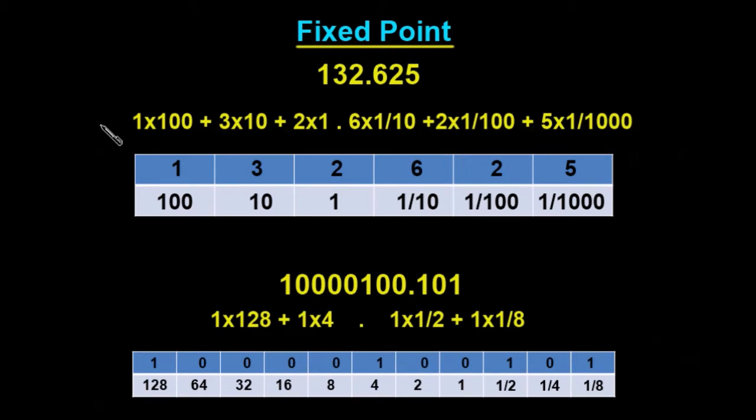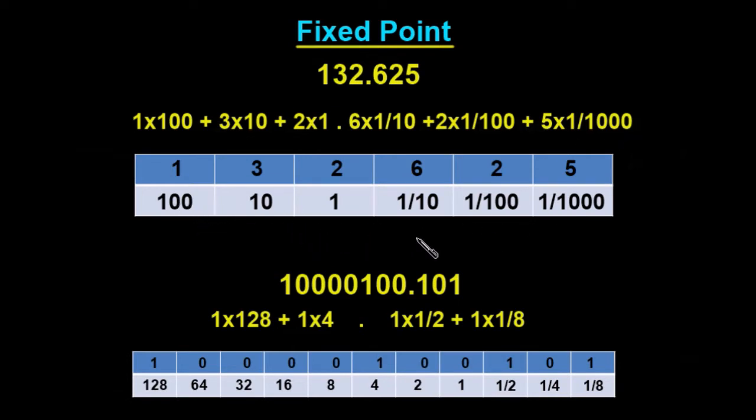So let's start off looking at something called fixed point numbers. Now, we're all used to seeing decimal numbers, for example 132.625. Now we know that is 1 times 100 plus 3 times 10 plus 2 times the 1, and then there's a decimal point, and then we're going to have 6 times 1 upon 10, 2 times 1 upon 100, and 5 times 1 upon 1000, and I've got those represented here.